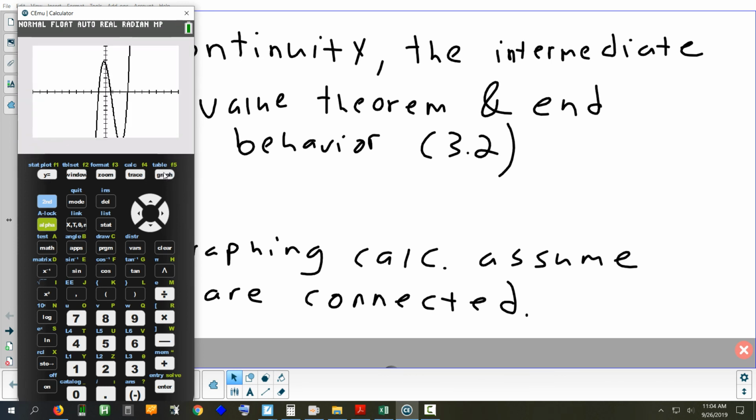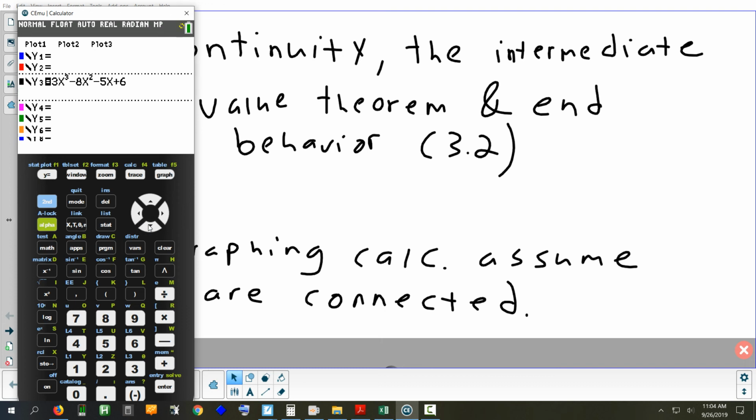It's a polynomial. Now, if I draw something like this, 1 divided by x minus 2, and I put that bottom in parentheses, what value are you not allowed to use for x? 2. So you're not allowed to have 2 in your graph.